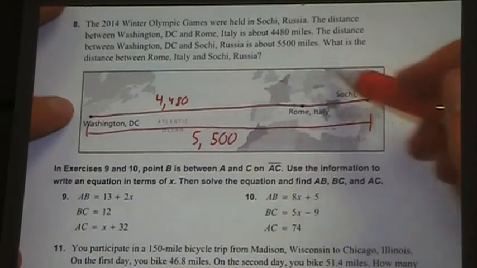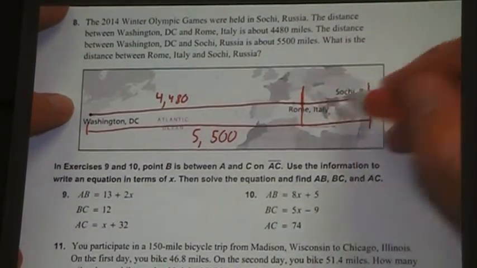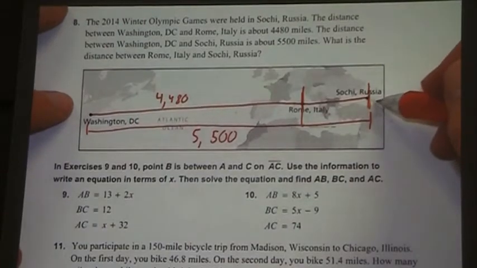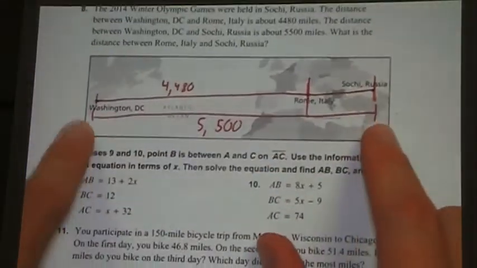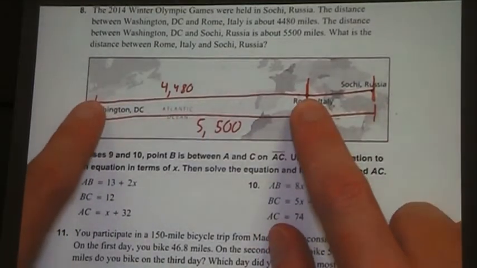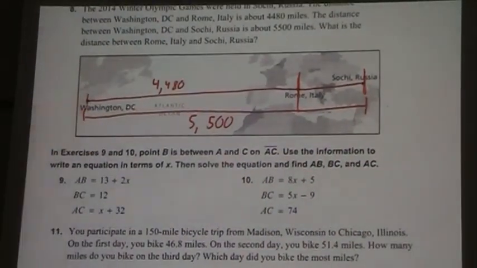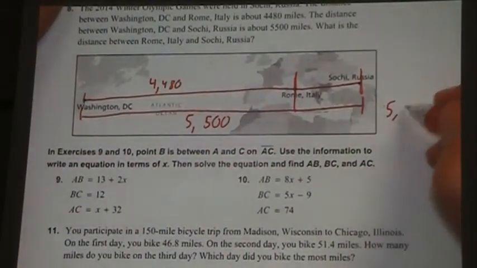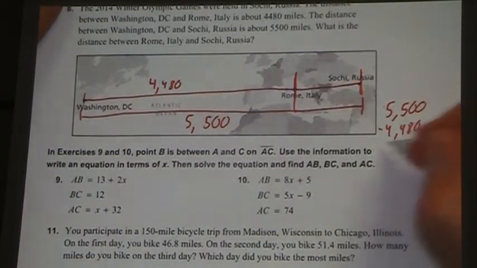What's the distance between Rome and Russia? So what's this little leftover here? Well, you'll notice 5,500 is the whole deal. This part is 4,480. What's left over? Leftover, we're going to be using some subtraction. So we go 5,500 minus 4,480, and we get 1,020.